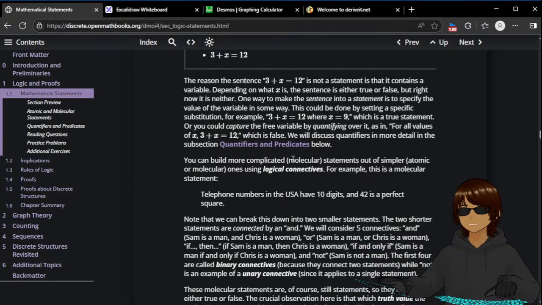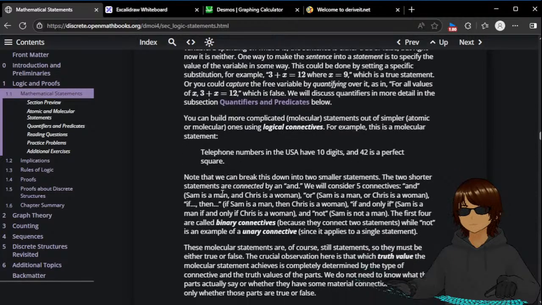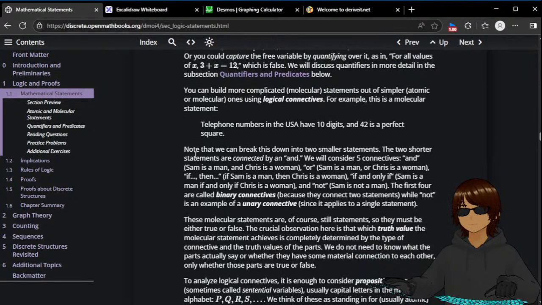You can build more complicated statements out of simpler ones using logical connectives. For example, this is a molecular statement: telephone numbers in the USA have 10 digits and 42 is a perfect square. Now we can break this down into two smaller statements, connected by an and.